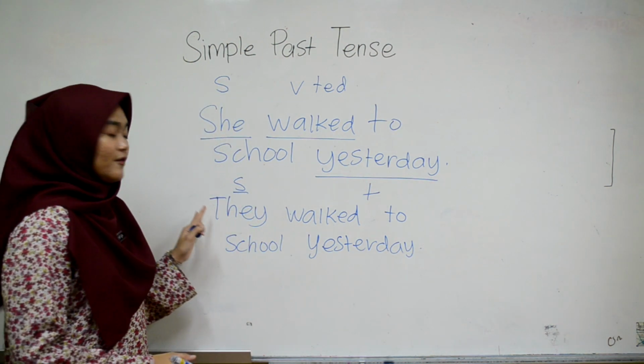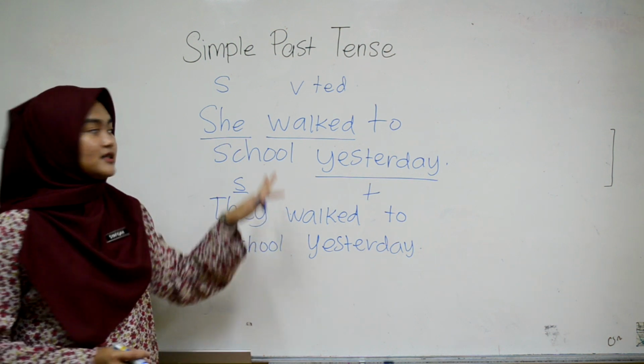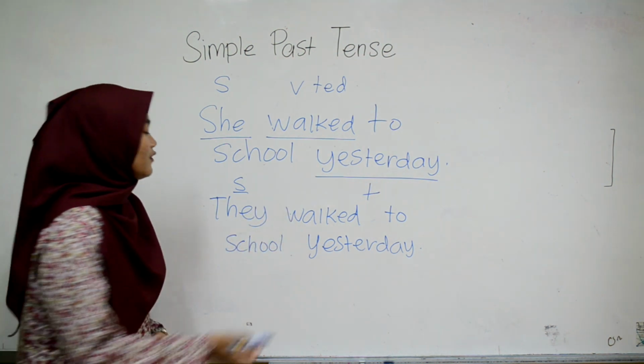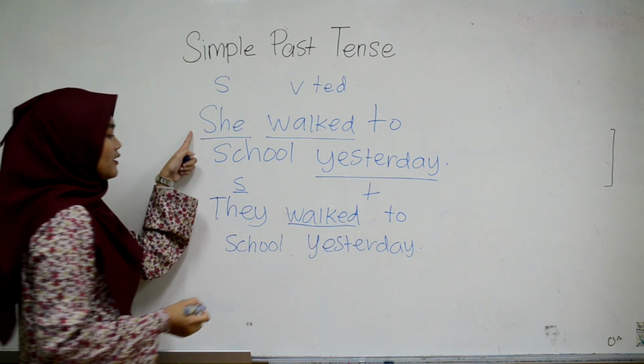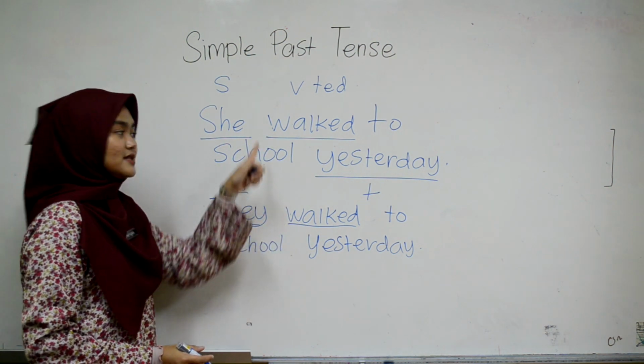Remember, the type of noun, whether singular or plural, will not affect the form of the verb in past tense, because both singular and plural use the same past tense verb, which is walked.